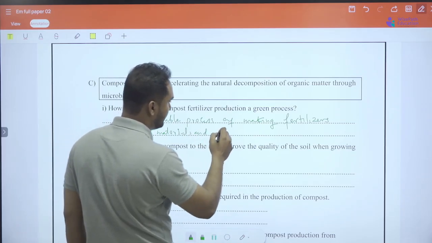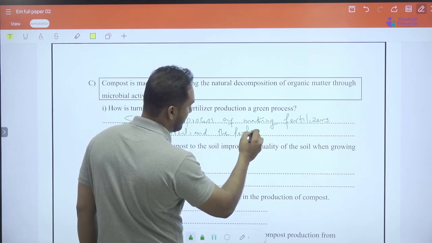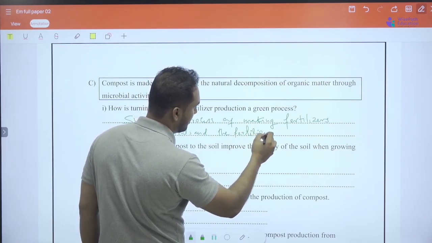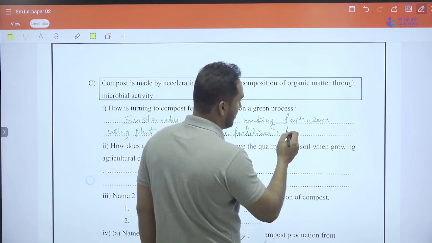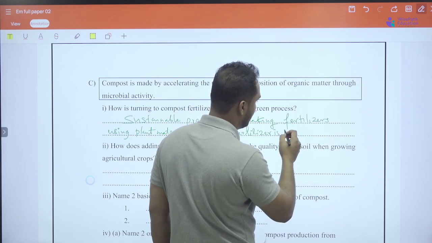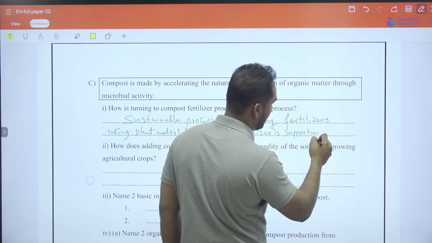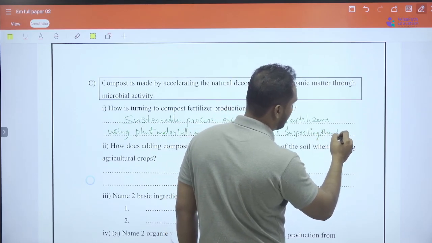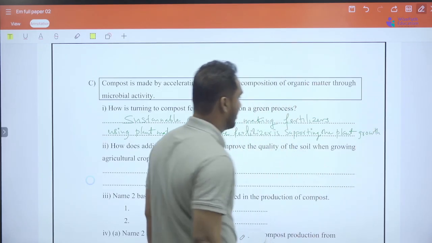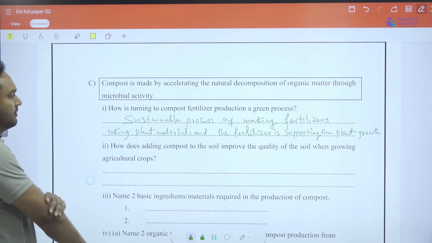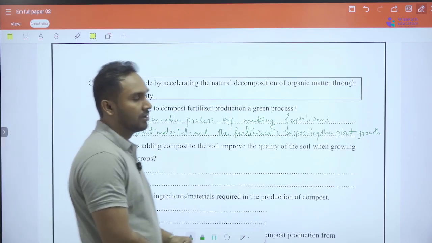And the fertilizer is supporting the plant growth, right? Supporting the plant growth. Sustainable process of making fertilizers using plant materials, and the fertilizer is supporting the plant growth, isn't it?